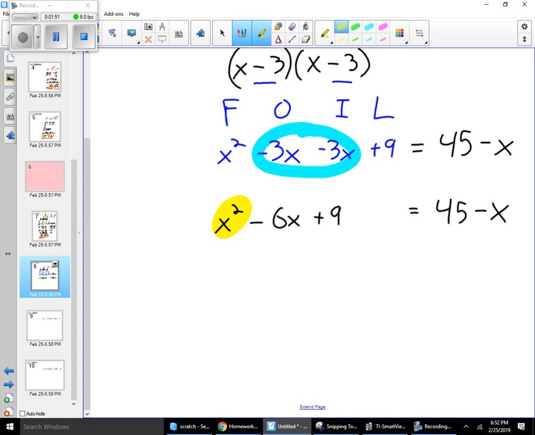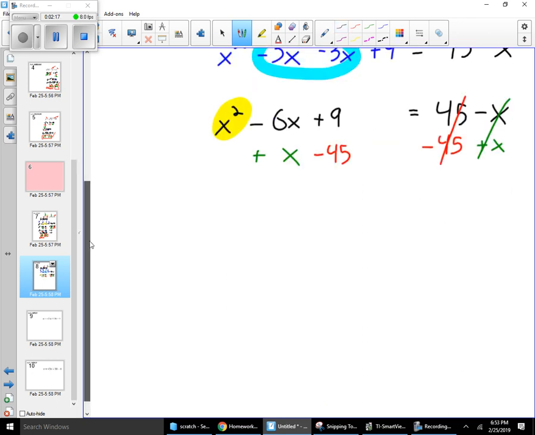So in order to solve this quadratic, the previous 5 examples I did with factoring, I'm going to go ahead and do one with quadratic formula just to remind you that it is an option for solving quadratics. However, like with factoring, I need standard form. So I'm going to add an x to both sides and also subtract a 45. I'm doing this in order to get that 0 on the right-hand side. We need to have that 0 on the right-hand side in order to use either factoring or quadratic formula.